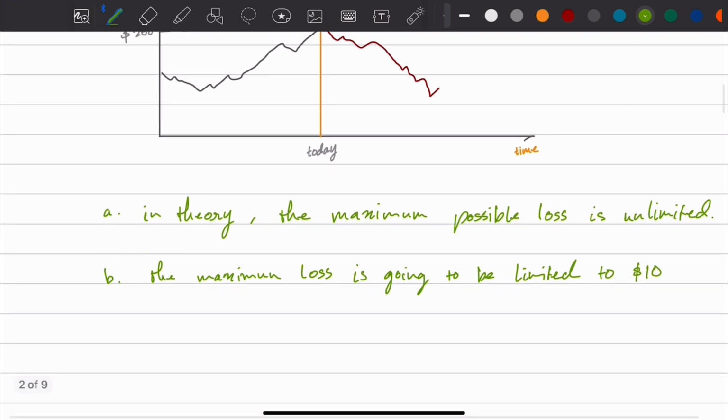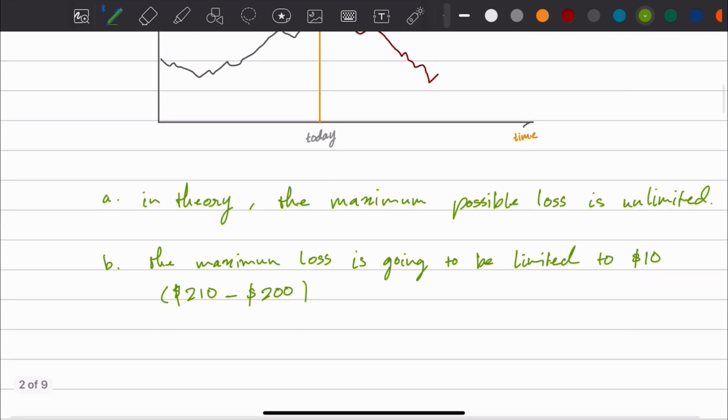How did I get this $10? It's $210, which is the purchase price to cover the short selling position, minus the initial cash flow we have generated from short selling. Okay, so that's $10.